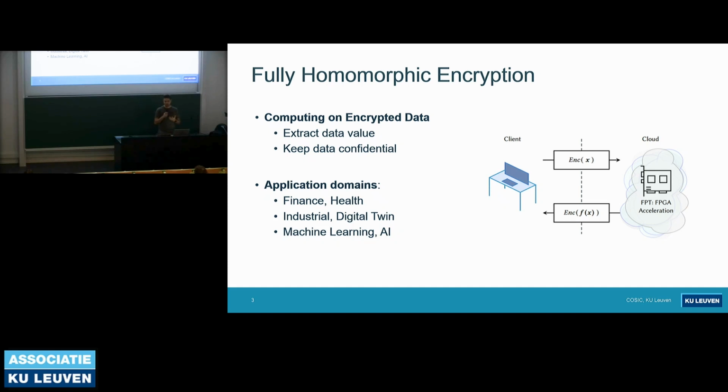Fully homomorphic encryption in particular is illustrated on the slide here, where a client can encrypt their data, the server processes the data in encrypted form and sends the result back. This allows you to extract the value from the data while still keeping it entirely confidential, and it has applications in financial, medical, and many other domains.